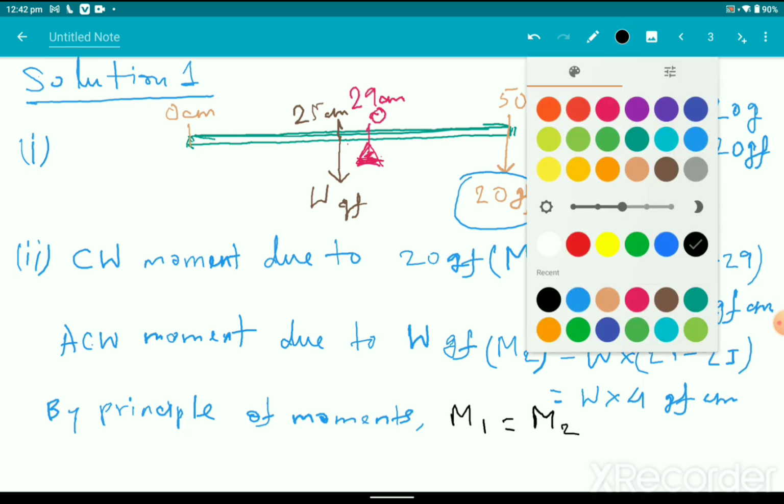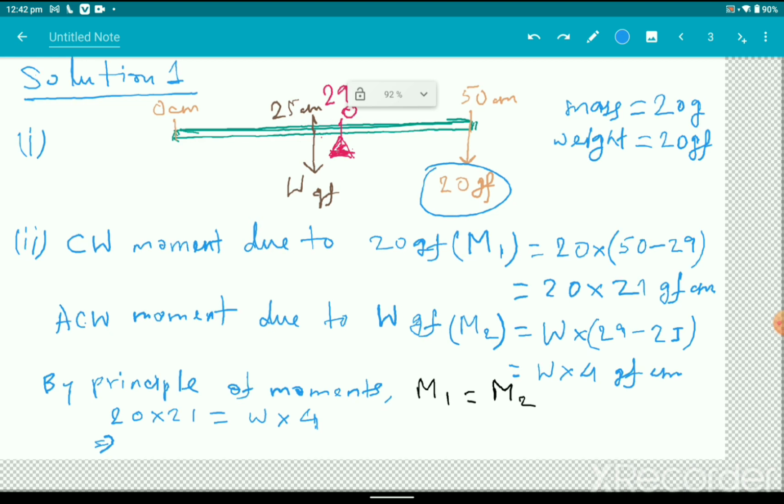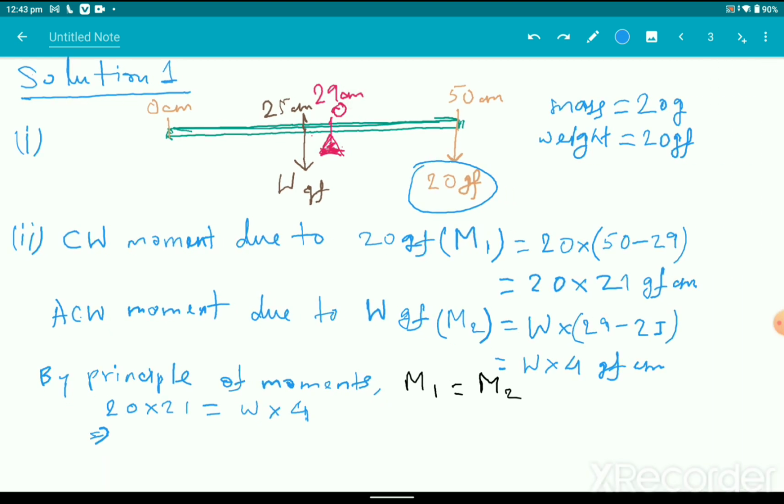Yes, definitely. So we can write M1, 20 into 21, will be equal to W into 4, isn't it? So from this you can say that W is equal to 20 into 21 by 4, isn't it?